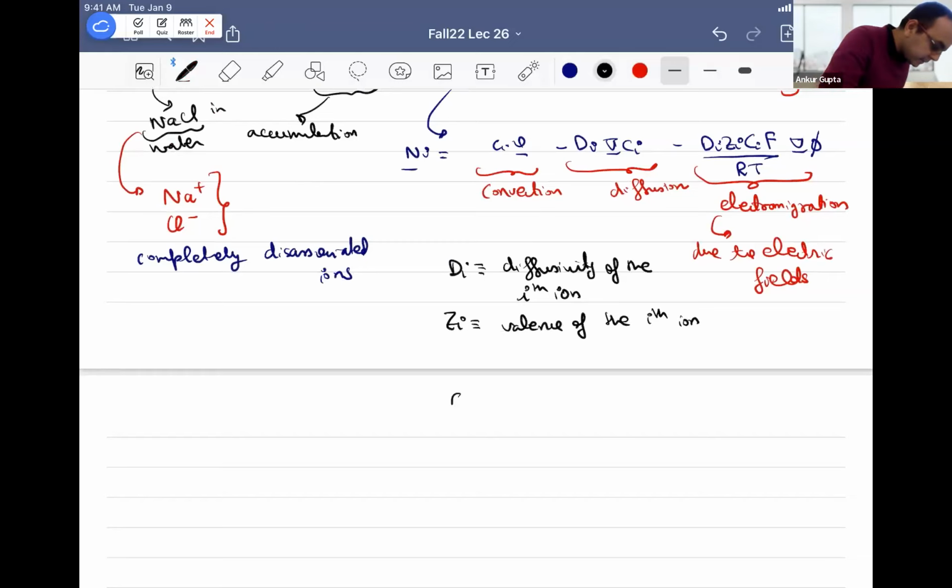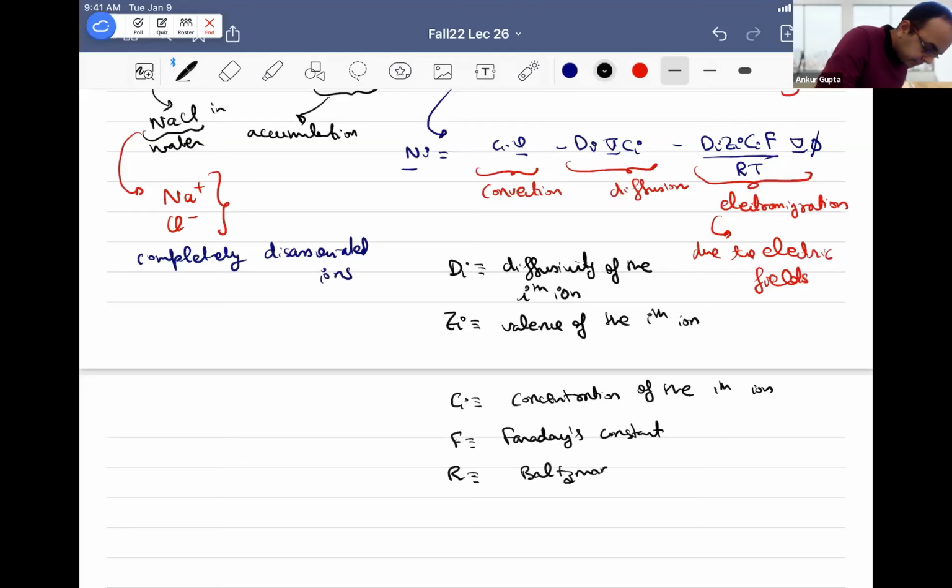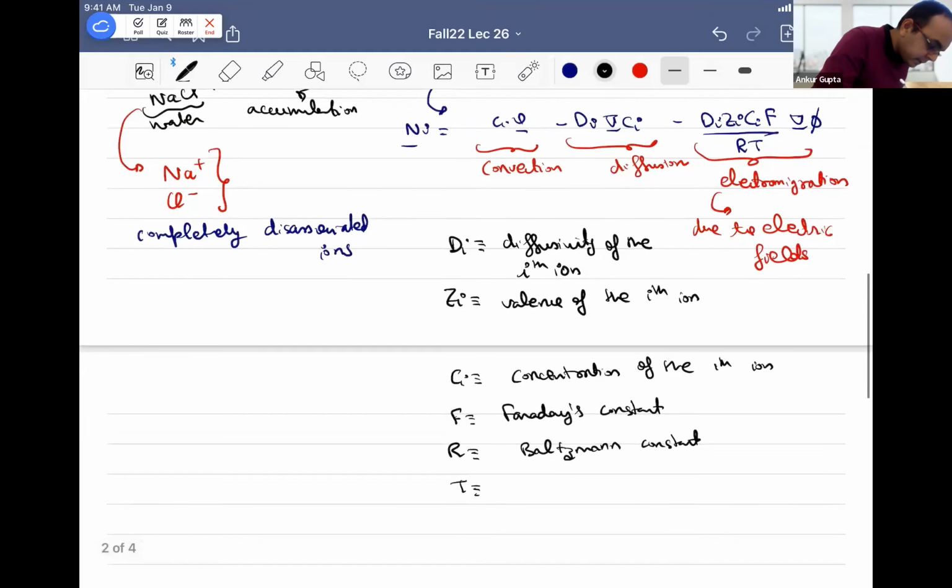Ci is the concentration of the ith ion. F is Faraday's constant. R is the Boltzmann constant. T is the temperature in Kelvin.